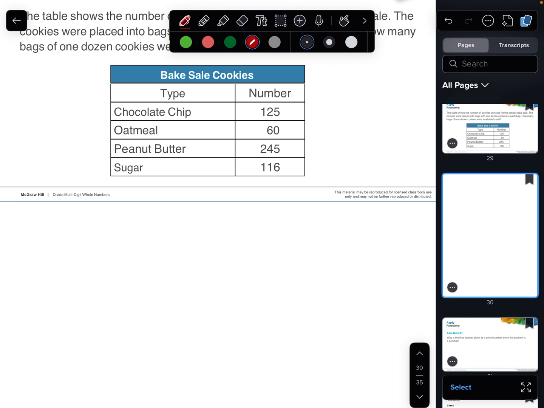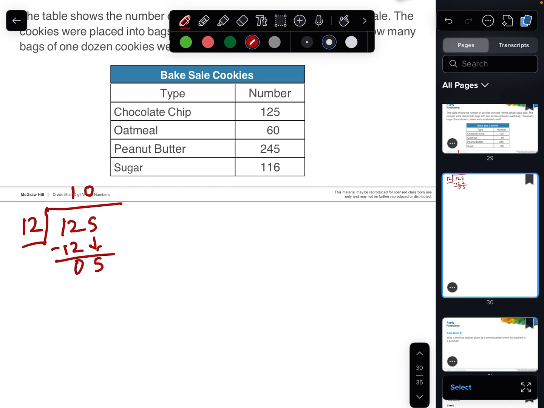So to find out how many bags of chocolate chip cookies we can make, what we are going to do is we are going to divide 125 by 12 cookies because that's how many can go in each bag, right? So I have 1 right here, 12, I subtract 0, I carry down the 5.